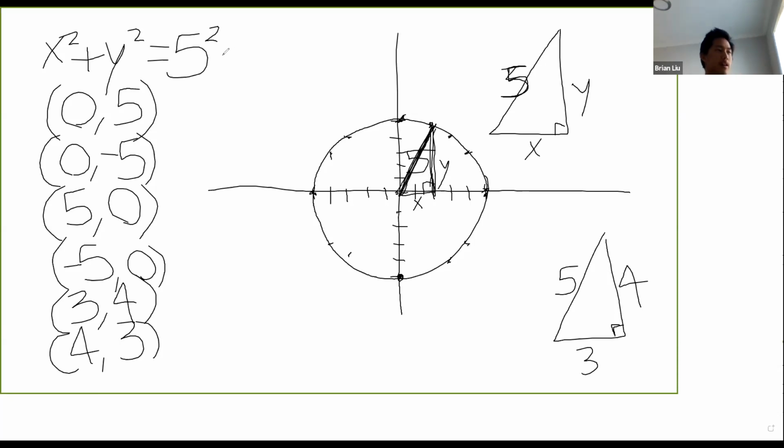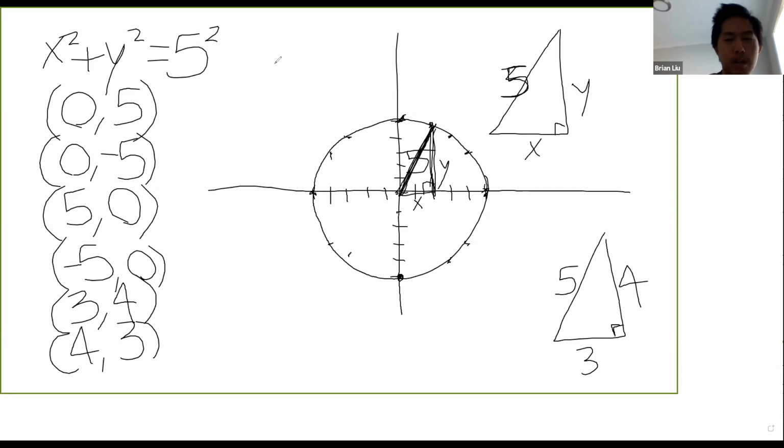Okay. So the thing is, how do we go about doing this systematically? For the last one, 4x plus 3y equals 12, we wrote y in terms of x. Here, what's y in terms of x?